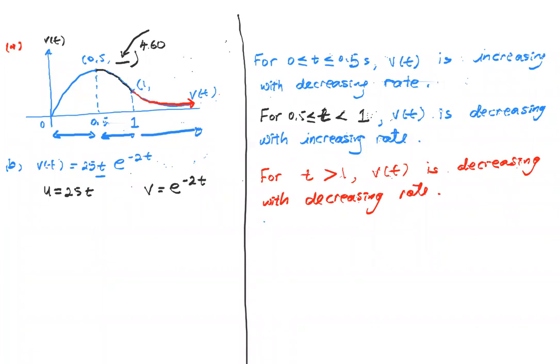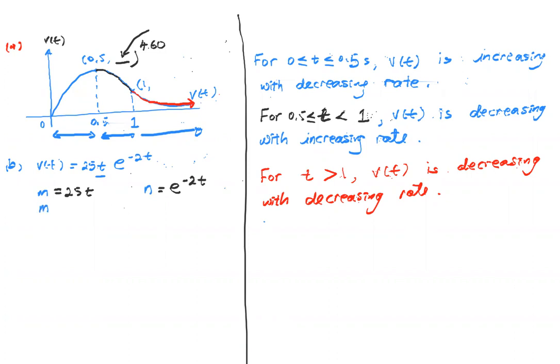We try not to use u and v because we are dealing with velocity, so we use m and n. Why do I choose to use m and n? Because v is for velocity in this case. So we have to be very careful with the symbols that we use.